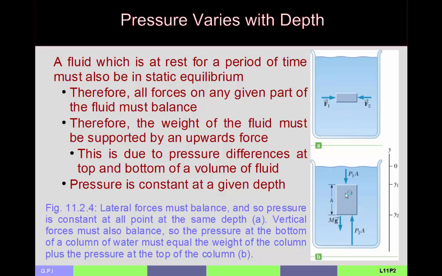It can't fall, it can't rise. The only way for that to happen is that the weight of this column of fluid must be balanced by a net upward force. That net upward force is the pressure from below pushing upward being greater than the pressure from above pushing downward. And so it turns out also that pressure is constant at a given depth below the surface of a fluid.